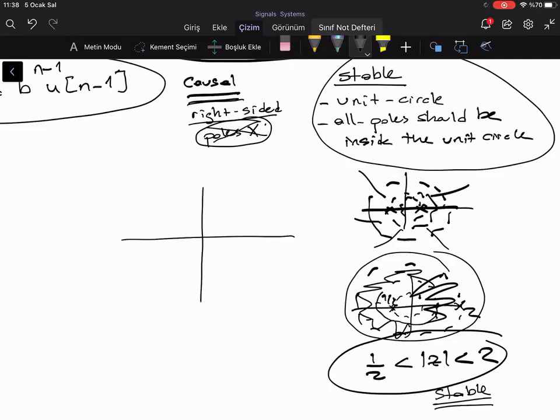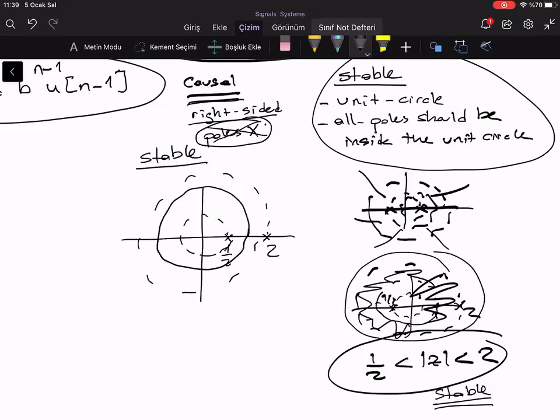Let me draw once more. I have a plot. I have a pole here at 2. I have another pole at 1 over 2, let's say. And it is given that the system is stable. For this system to be stable, it should include the unit circle. For that, my ROC curve should be here. Okay?